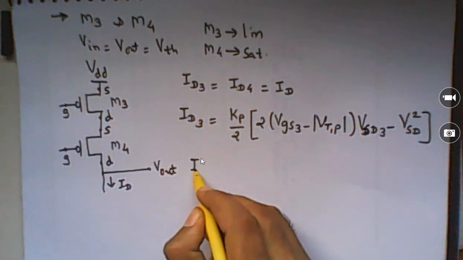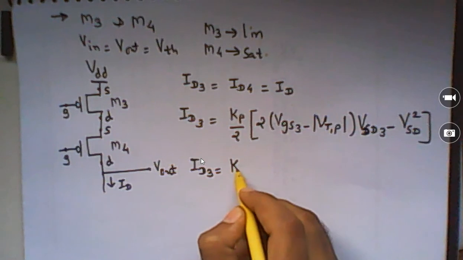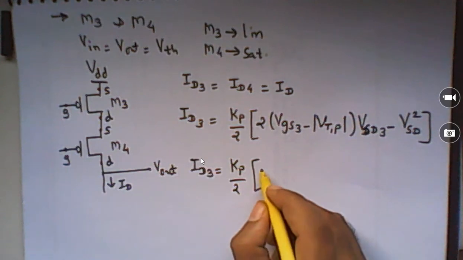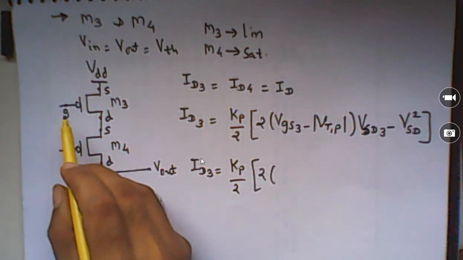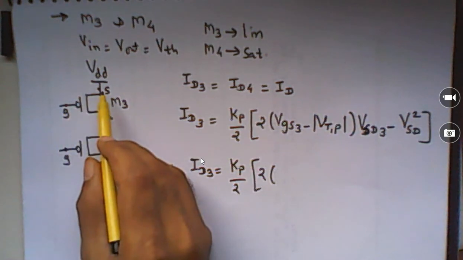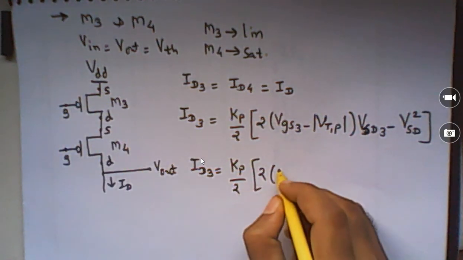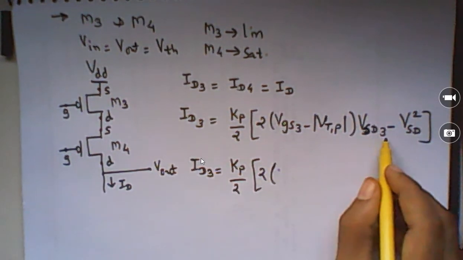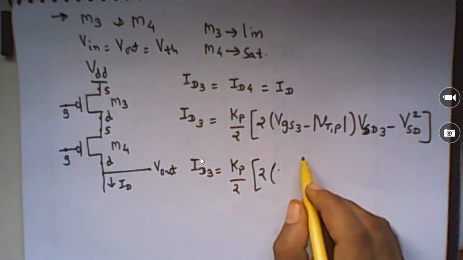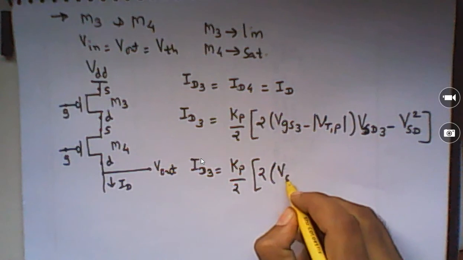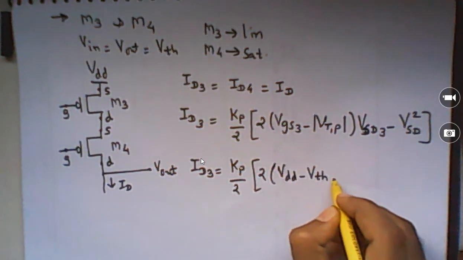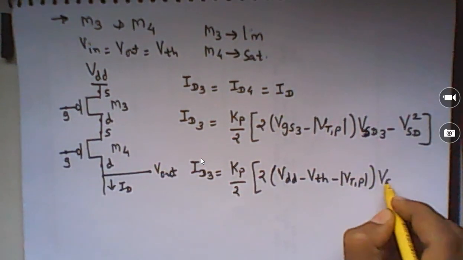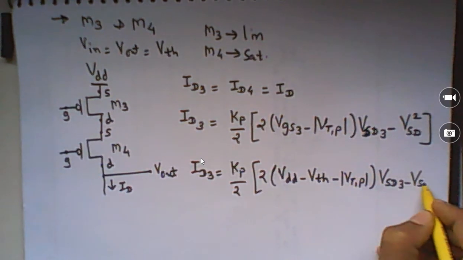Now let's substitute the value of VGS in terms of input and output voltage. Here we are deriving the VTH, so output and input are equal to VTH, and the gate terminal is connected to the input and the source terminal of M3 is connected to VDD. Here we have multiplied VSD, so we've taken the negative common, so we can write VDD minus VTH minus VTP into VSD3 minus VSD3 squared.